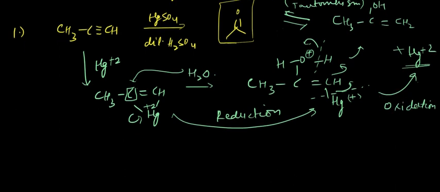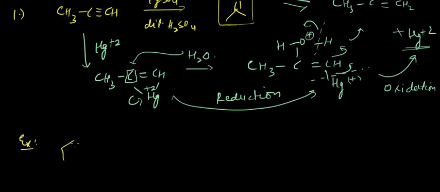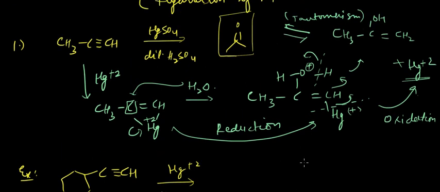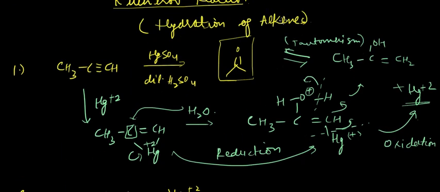Okay, let's discuss one example before ending this lecture. We will have something like this, which on reaction with Hg+2 in dilute H2SO4 undergoes Kucherov reaction. Hydration of alkyne will happen. This is not alkene, this is alkyne, I beg your pardon.